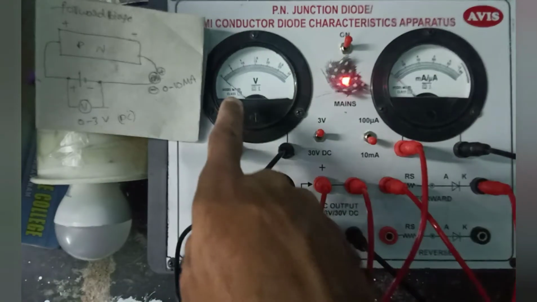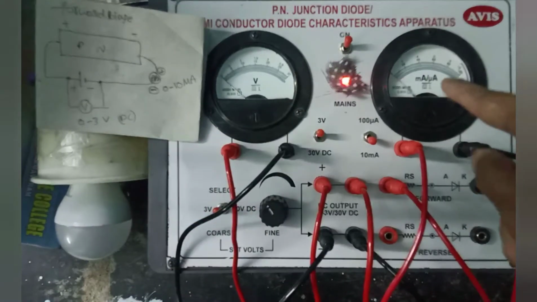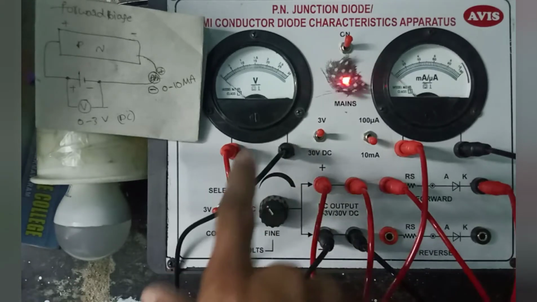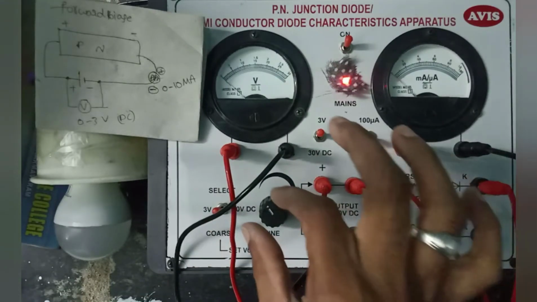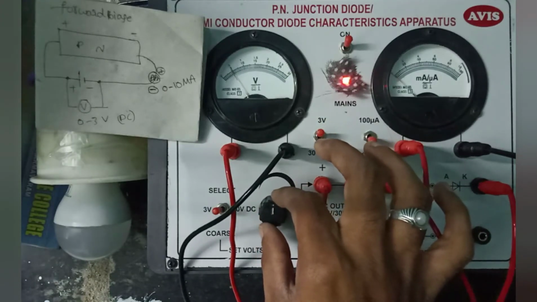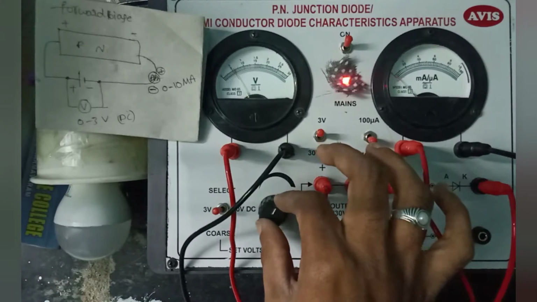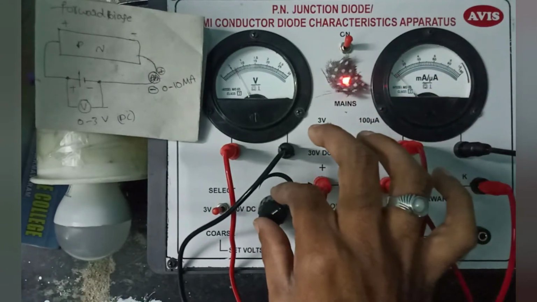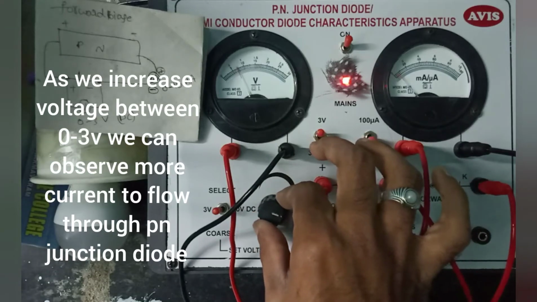Now here voltmeter is showing 0 reading and current is also showing 0 reading. In forward bias, we can observe more current even though we are applying 3 volts DC power supply. As we increase the voltage, there is no deflection in current initially. Later current is increasing. So later current will increase.